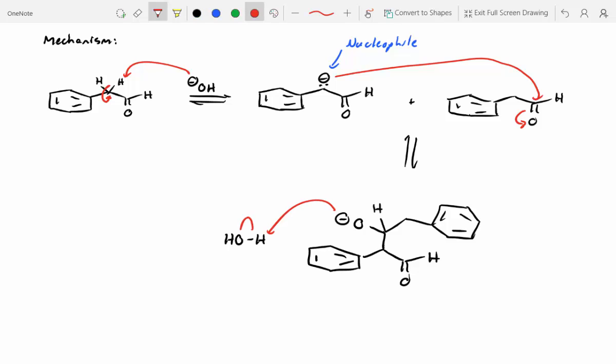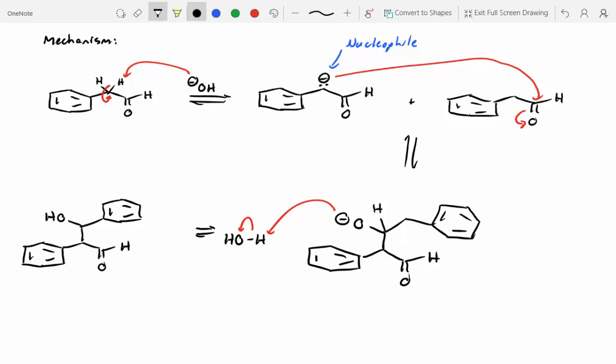And we can grab a proton off of water, and we can get to our final product, where we've got our beta hydroxy aldehyde.